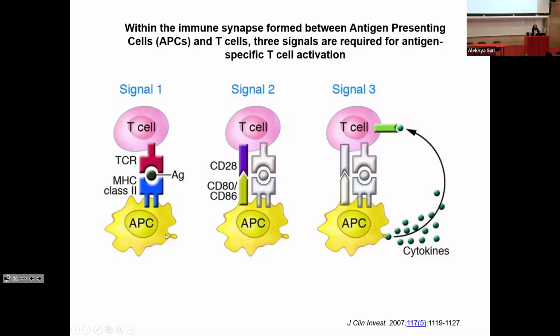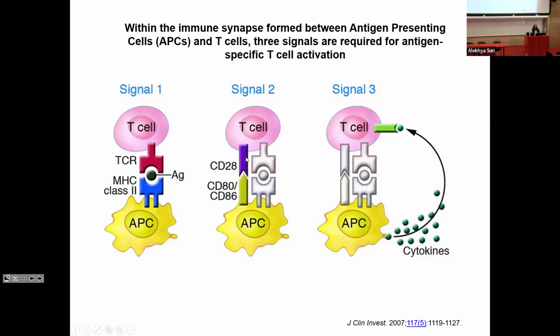So without signal 1, having this interaction, cytokines would not be made, and the T cells don't get activated, even if there's some cytokine in the milieu. Engaging this TCR is key because the signaling downstream is from the TCR.